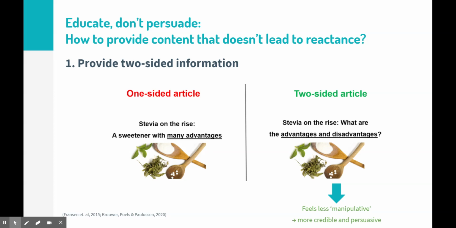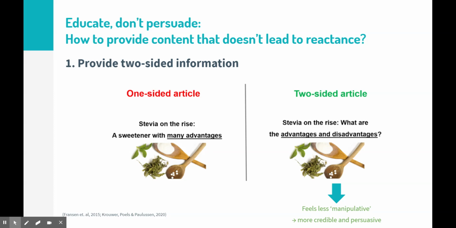So what you can do is to actually mention and also refute yourself potential counter arguments that people might come up with. For instance, in one experiment, I tested two sponsored articles that promoted using stevia as a sugar alternative. One article talked only about the benefits of stevia, whereas the other one also mentioned potential concerns and disadvantages of stevia.